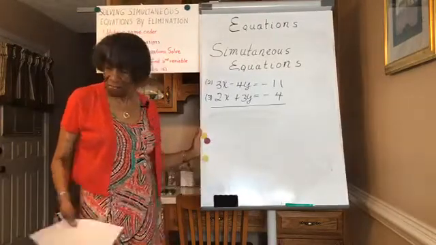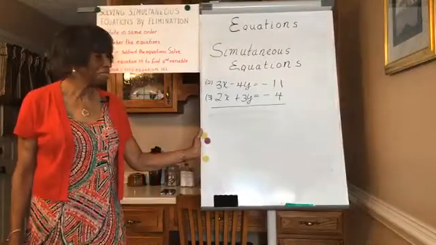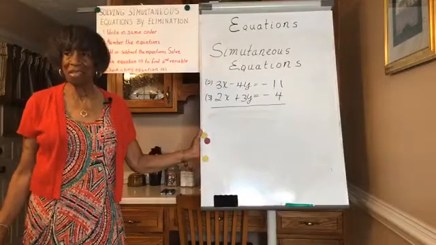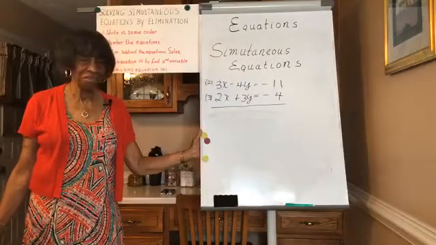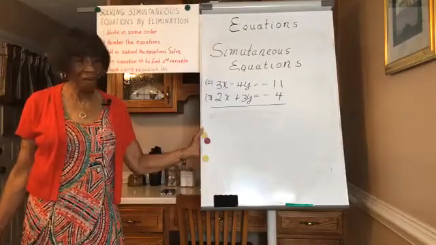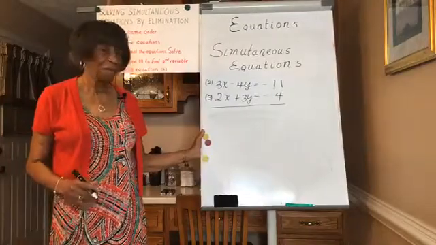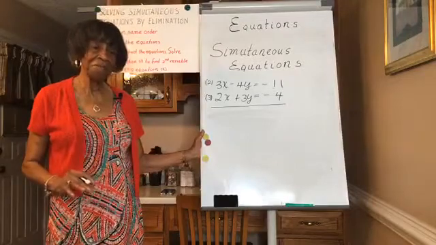All right, I'll be waiting for somebody to put an answer up there. Simultaneous equations. Today we did 2 equations at the same time, solve them together with the same variables, and the variables have the same value.